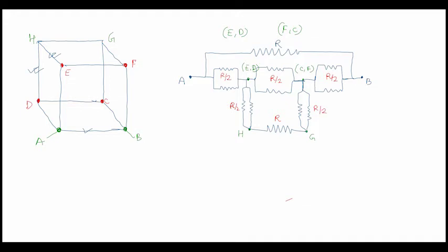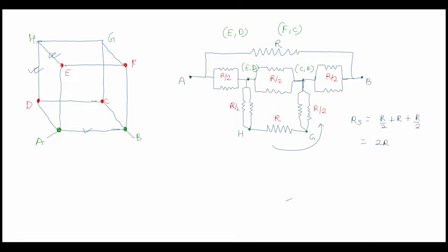So if we take the series value for this particular network, that is between ED and CF, the series value is going to be R by 2 plus R by 2, that is equal to 2R.